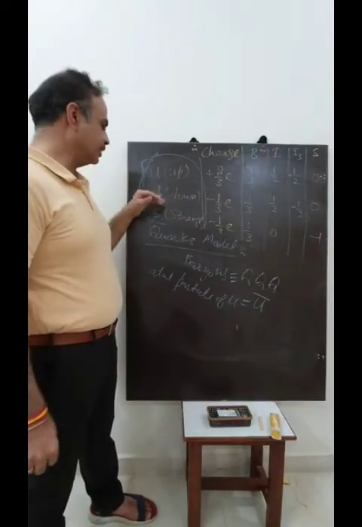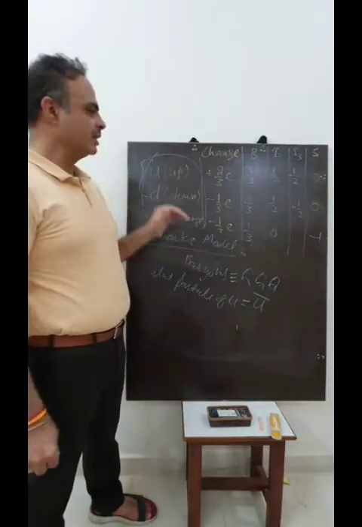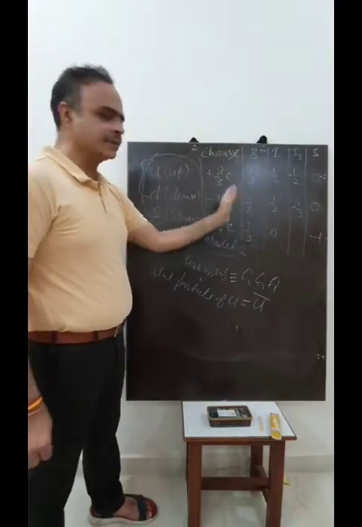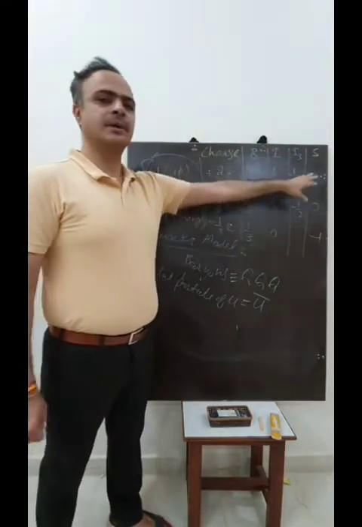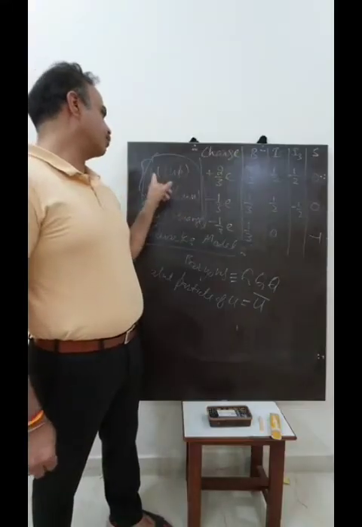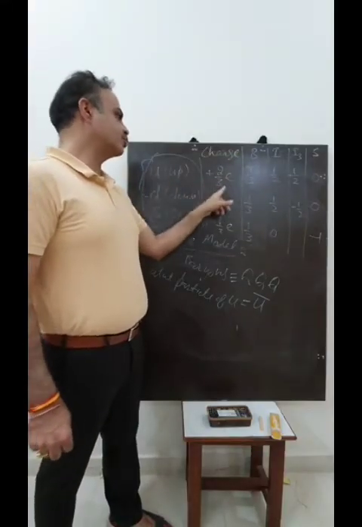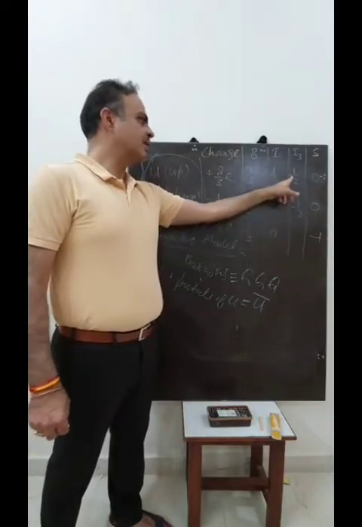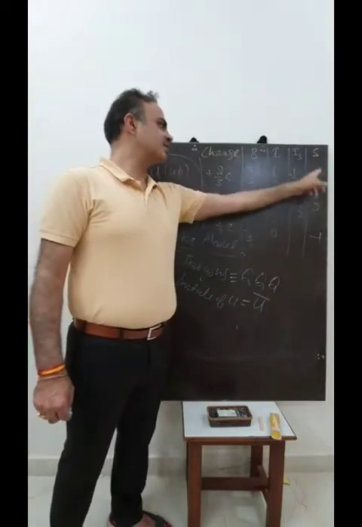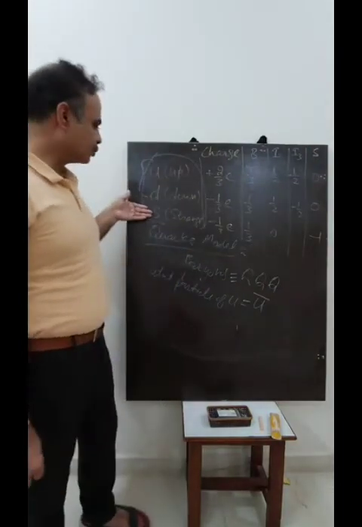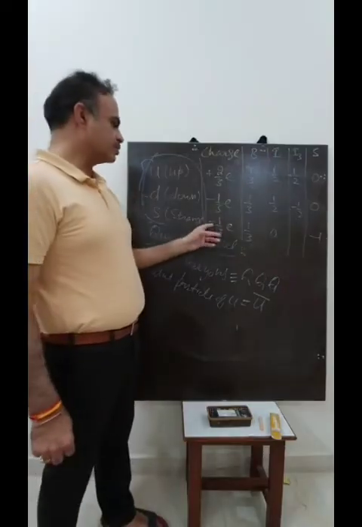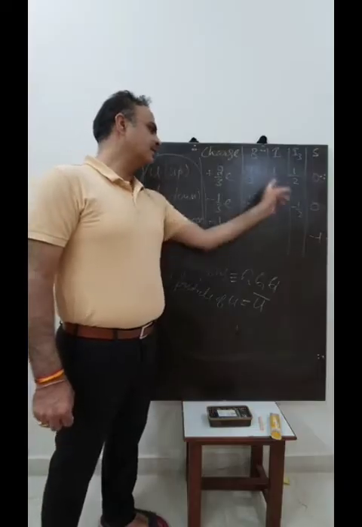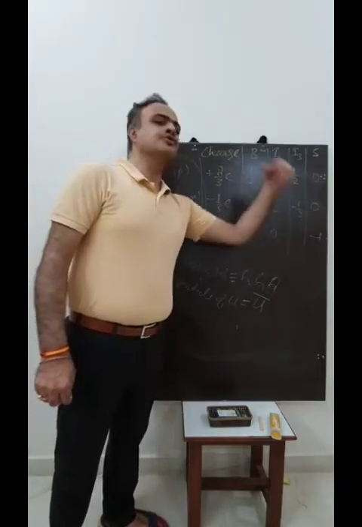The charge of the antiparticle is reversed, the baryon number is reversed, and the I3 component is reversed. For the antiparticle of U, the charge is minus 2/3e, the baryon number is minus 1/3, I3 is minus 1/2 and strangeness is 0. For S bar, the charge becomes plus 1/3, the baryon number is minus 1/3, I and I3 are 0, and strangeness becomes plus 1.